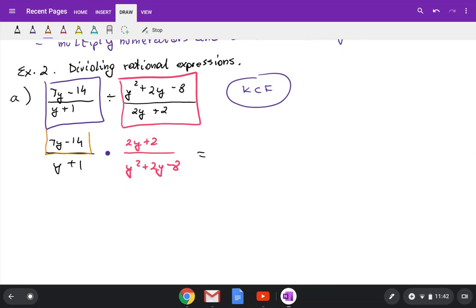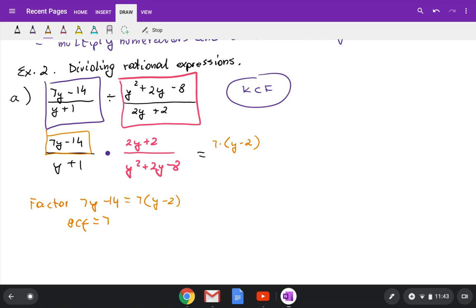First 7y minus 14. The greatest common factor is 7. Let's factor 7 out, and we end up with y minus 2. So 7y minus 14, I'm going to rewrite as 7 times y minus 2.